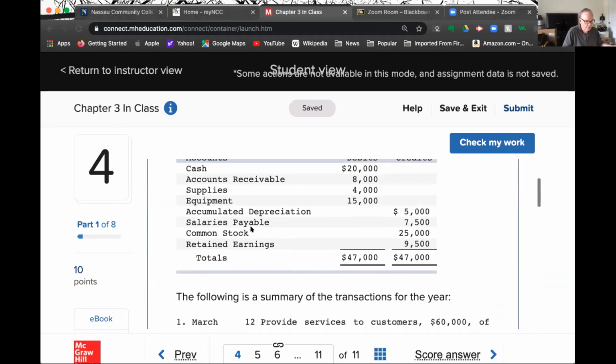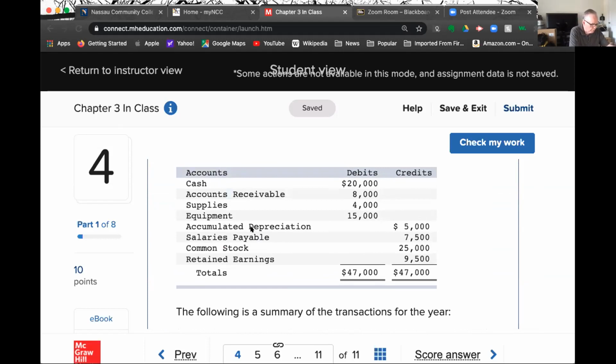You can't see this on this screen, but if you look at the book: record the summary transactions listed above, post them to the accounts, prepare a trial balance, record adjusting entries, post adjusting entries, prepare an adjusted trial balance, prepare an income statement and a classified balance sheet.